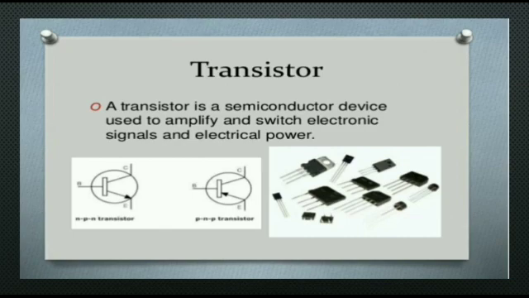These are the different types of transistor, and this is the symbol of a transistor. So a transistor is a semiconductor device used to amplify and switch electronic signals and electrical power.